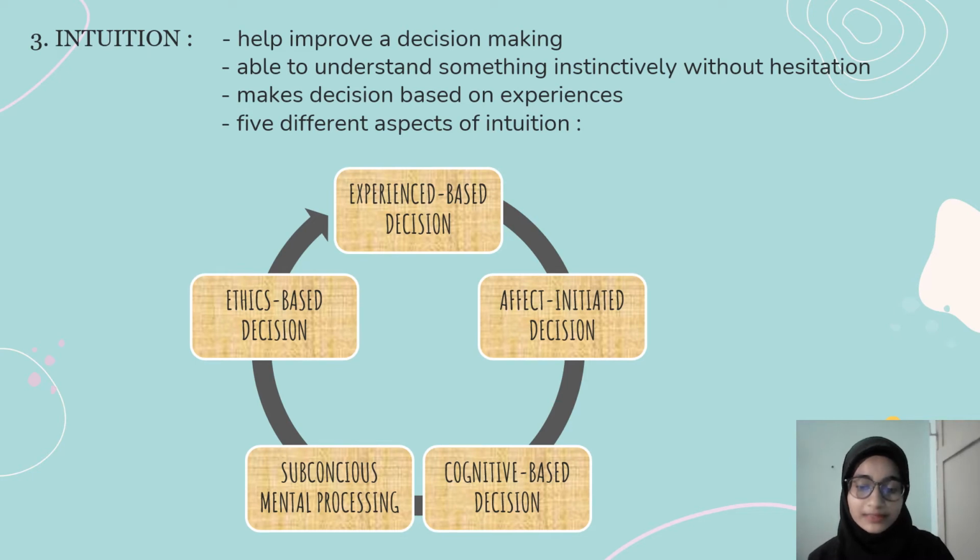It means that ethical values and their culture are what inspire managers to make a better decision. We can easily define the meaning by looking at the title: ethic based decision, so it is easy for us to define the meaning of it.